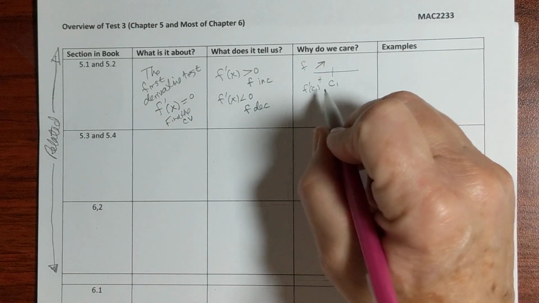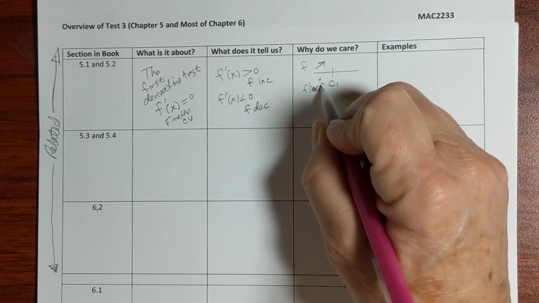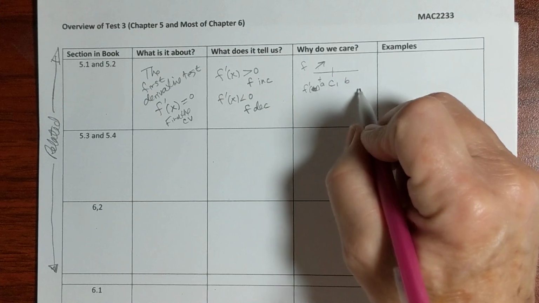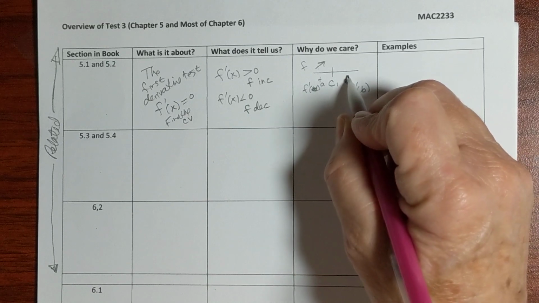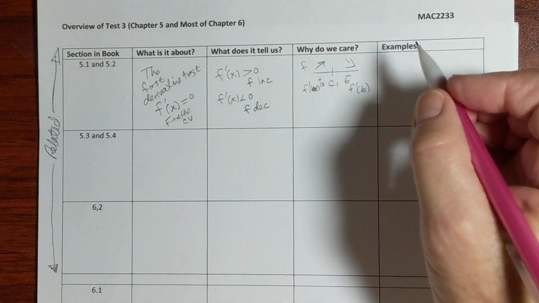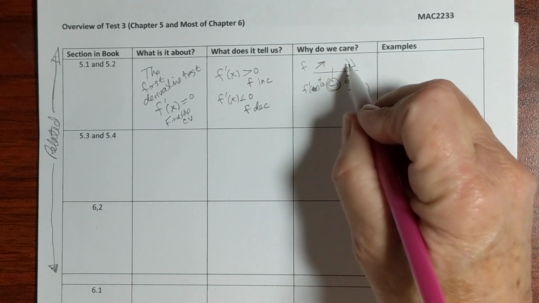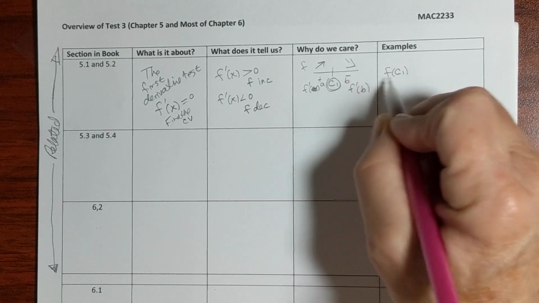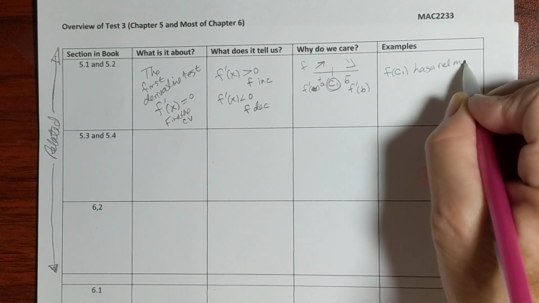And if we took a test value to the left, maybe A, and then over here another test value, B, and we put those into the derivative, and that gave us a negative, that would tell us that the function itself was decreasing. And so what would that mean? That would mean at this critical value, there is a relative max, and we would determine that value by plugging it into the function itself.